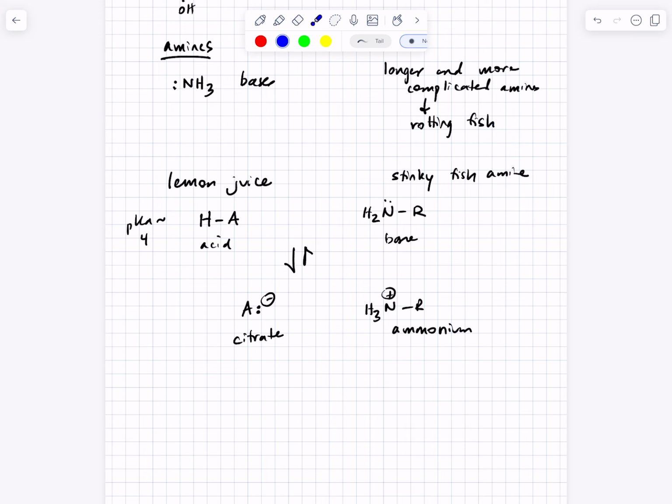So it's acid-base chemistry. If you do that, you won't smell the fish stink as much. Why do you think that is? Okay, you think since it's charged, it's not going to leave the solution quite as much. Good, and that has to do with the intermolecular forces we're going to talk about. The neutral molecule is more volatile than the charged molecule. The charged molecule more readily gets attracted to water molecules in solution. So it's happy to stay dissolved and not go into the air.